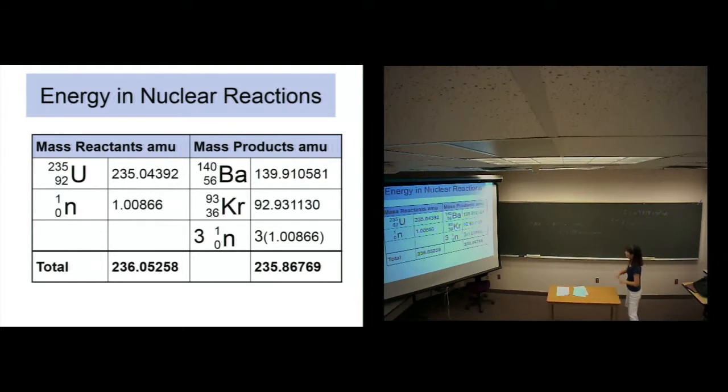So can't we take that to this as well? If this is negative 0.18489 AMU per atom, then isn't it the same number in grams per mole? Exactly, so we can do that. So this equals negative 0.18489 grams per mole.